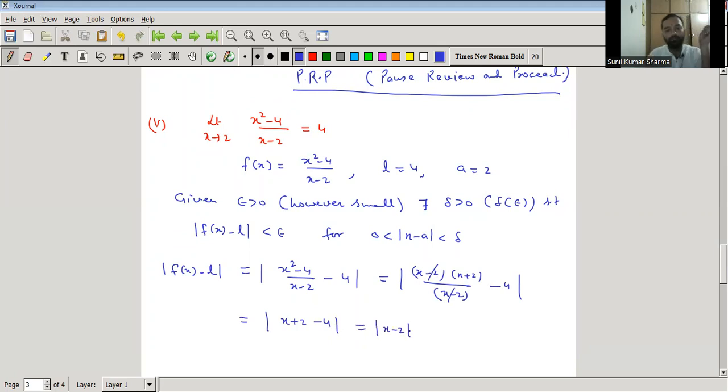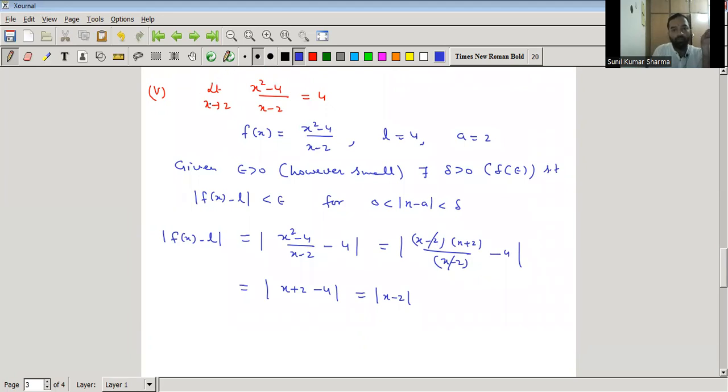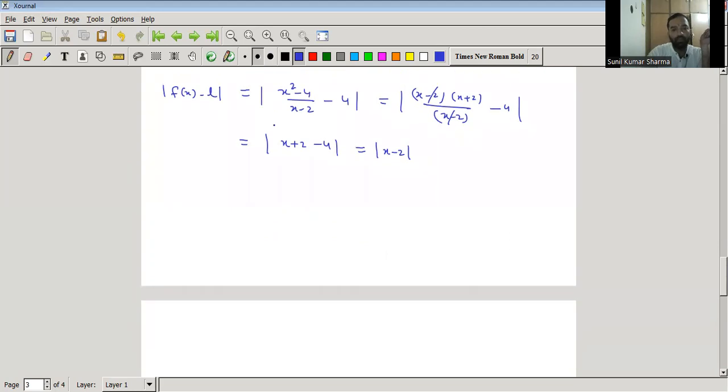So we estimate mod f(x) minus L, and we get this is mod x minus 2. Now, because x goes to 2, we have to find out mod x minus 2. By using the definition, mod f(x) minus L, that is equal to mod x minus 2, we have to find that mod f(x) minus L is less than epsilon. Now can you tell me what is delta here?